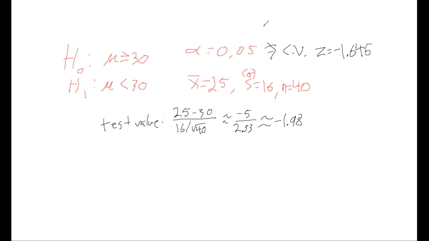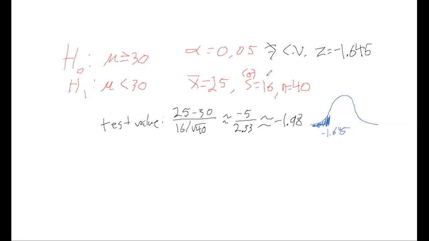Now, if I take a look at my normal curve, this is where my negative 1.645 is. This is where my critical value is, and the blue shade is my critical region.